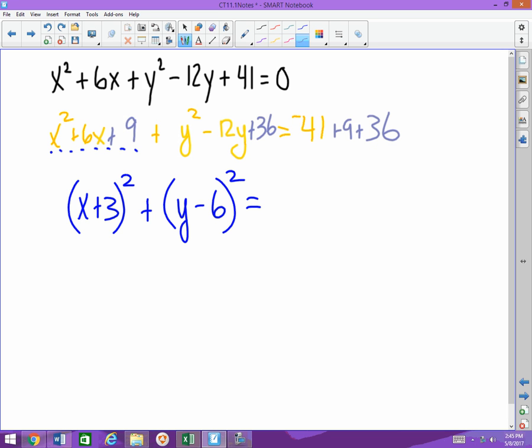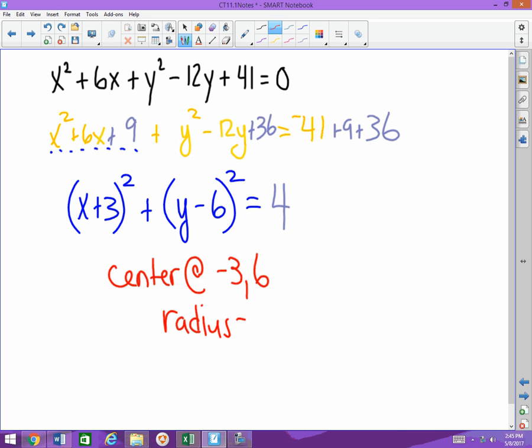And then negative 41 plus 9 plus 36 is 4. And so our center for this circle is at negative 3, 6, and the radius is 2.